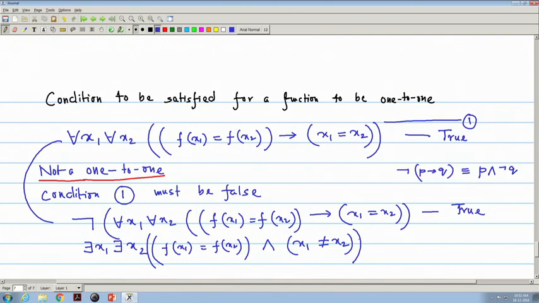So, whenever a problem is given where we have to show that the function is 1 to 1, then we have to show equation 1, and if we have to show that the function is not 1 to 1, then we have to show this thing. That means, there exists x1, x2 for which f of x1 equal to f of x2 and x1 not equal to x2.